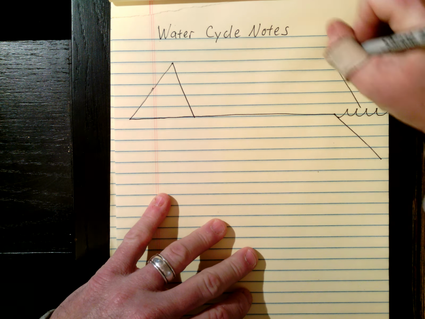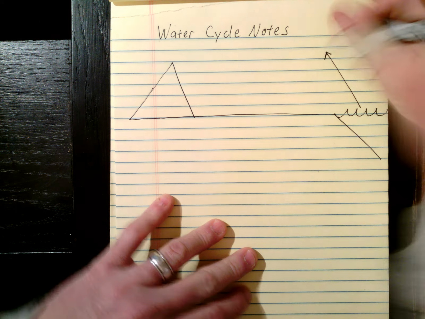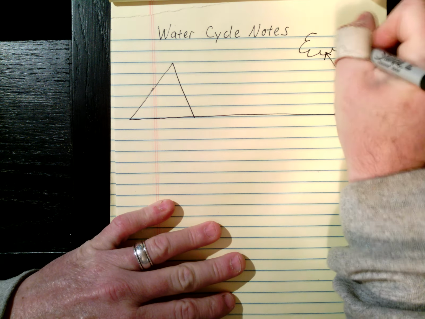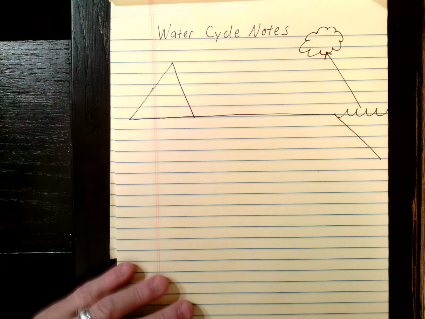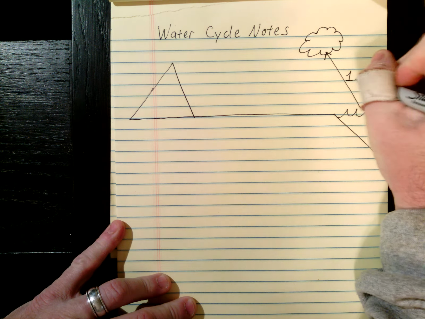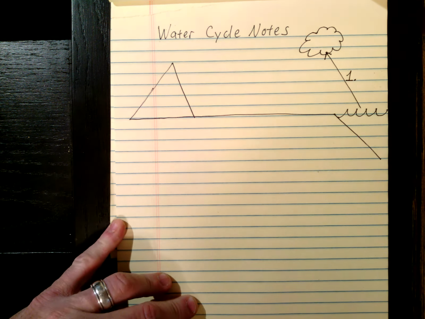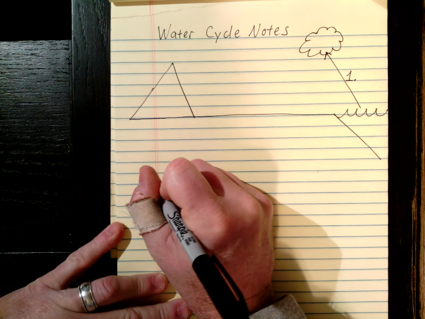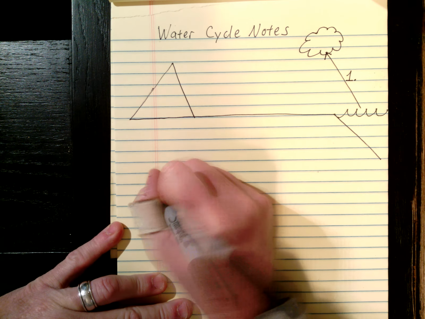I'm going to show myself an arrow, and I want to draw myself a cloud up here. And I'm going to label that number 1. The first part of my water cycle, I'm going to come down here. Number 1.